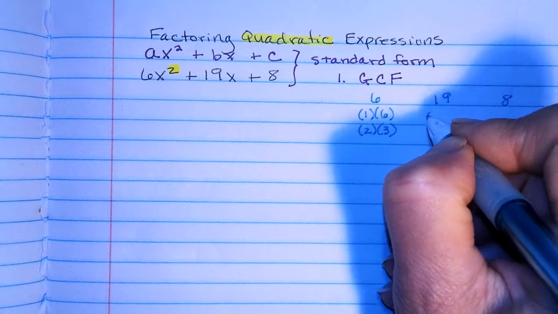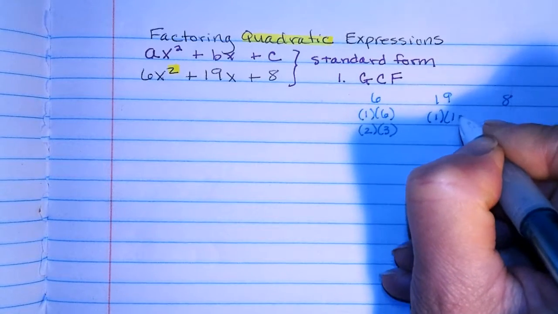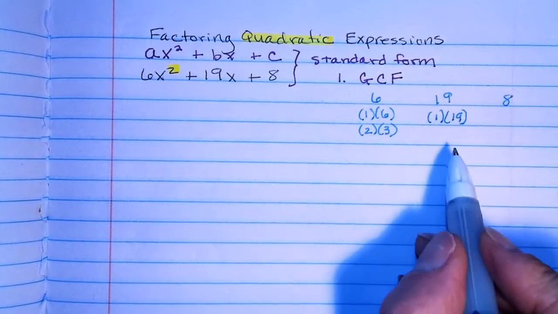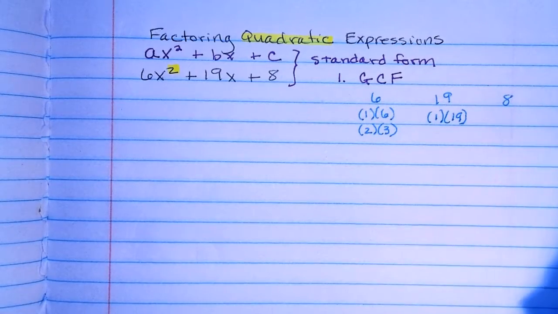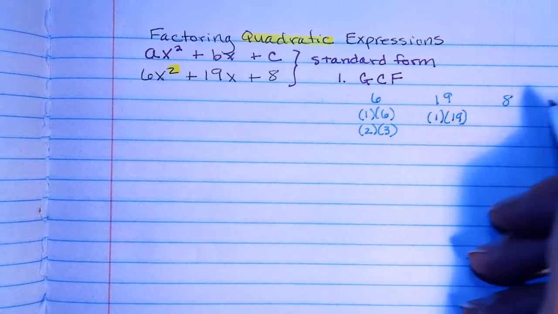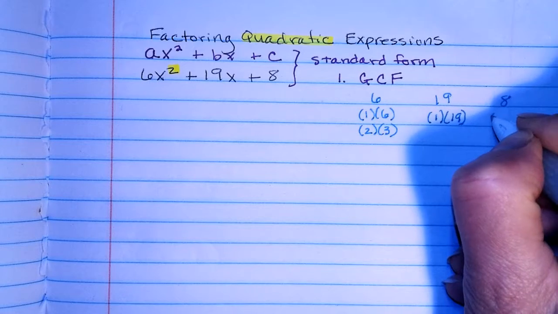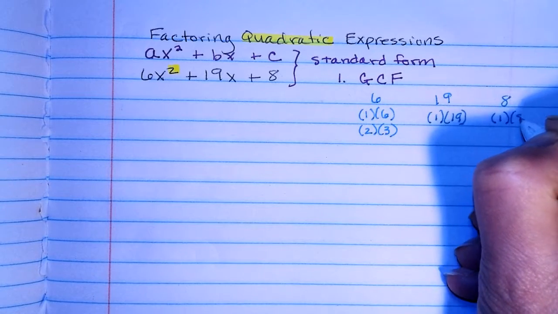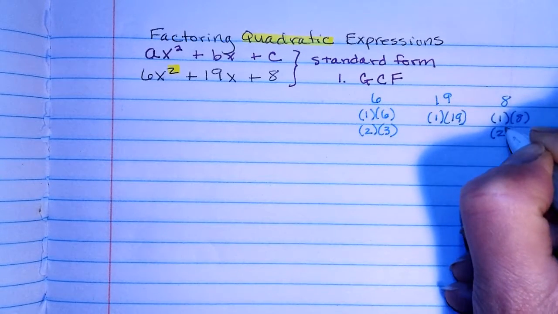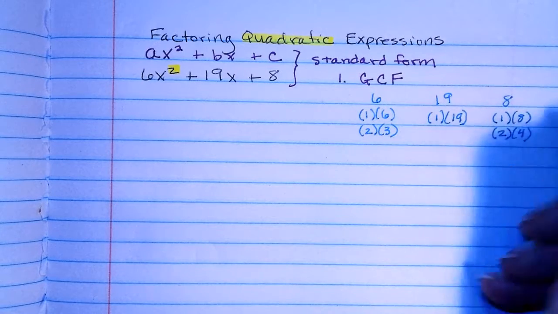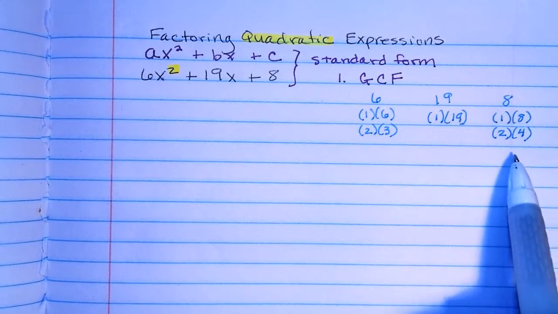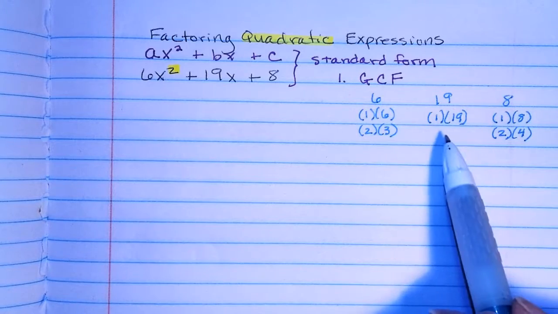My factors for 19: 1 times 19, and then it goes 19 times 1, so I'm not going to repeat that. My factors for 8: 1 times 8, 2 times 4, 3 doesn't work, 4 repeats, so I kind of know I'm done when I start repeating.